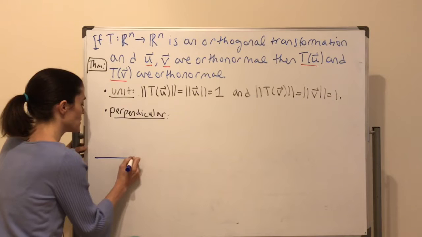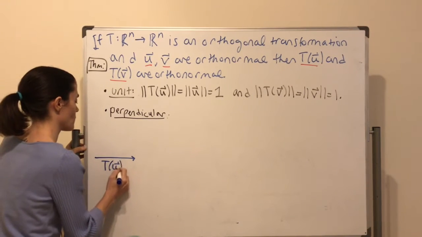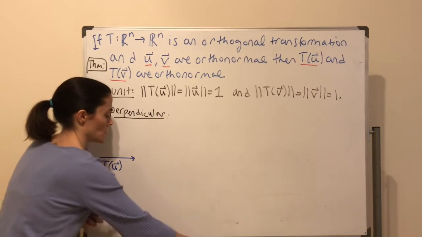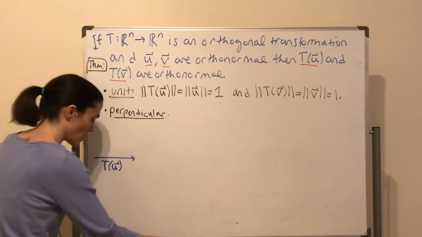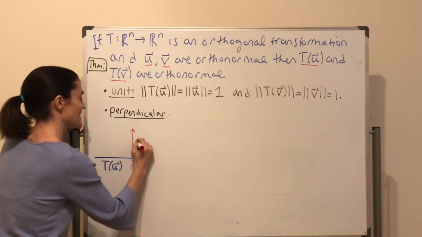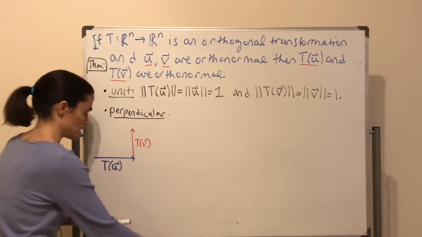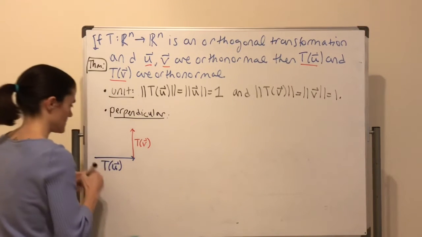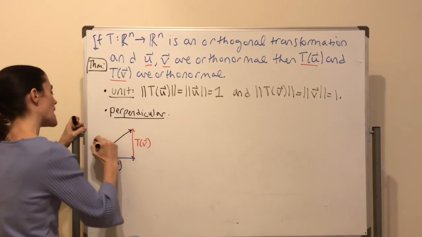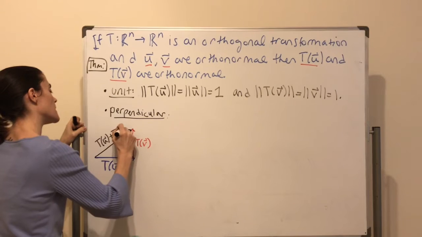Okay, here's T of U. And then here's T of V. And then this is just vector addition. This black vector is T of U plus T of V.